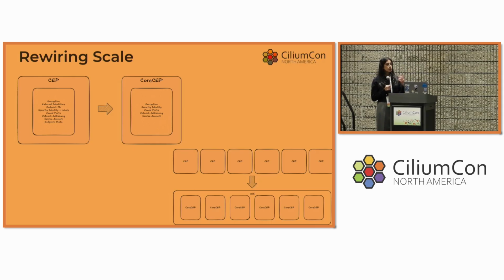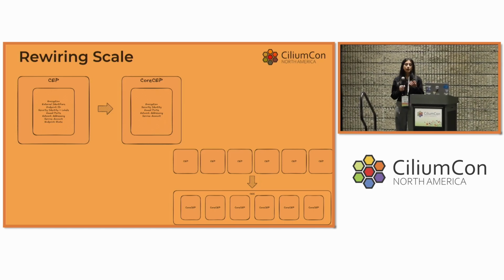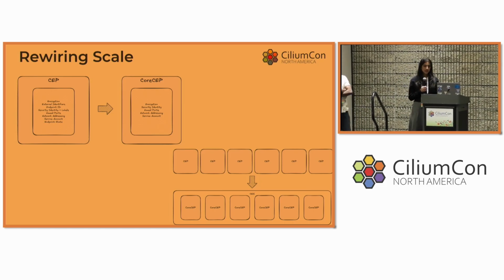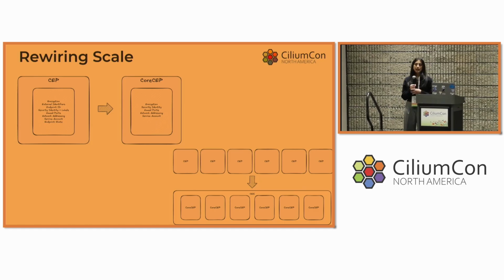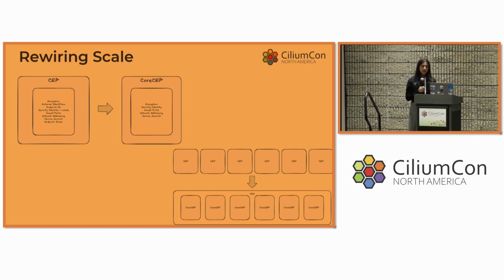You can imagine in a worst-case scenario, you have a pod with tens or hundreds of labels, and those are all going to be stored in the Cilium endpoint. But we don't necessarily need those. What the Cilium agent needs in order to enforce network policies is the identity number itself, and so the core Cilium endpoint only stores that. It also strips out a few other fields, so we have a slimmer representation.